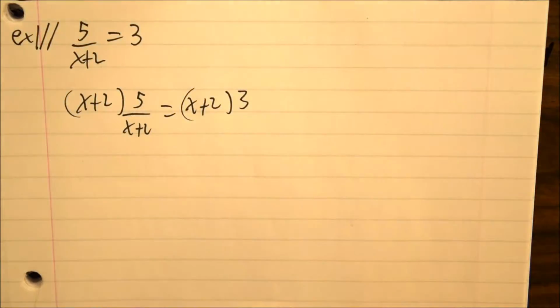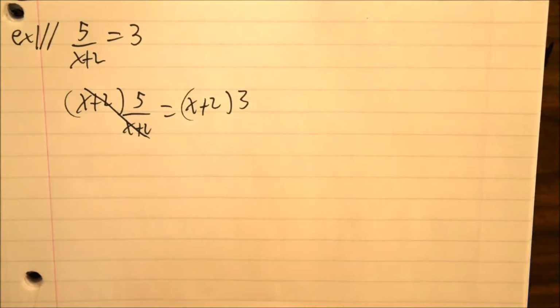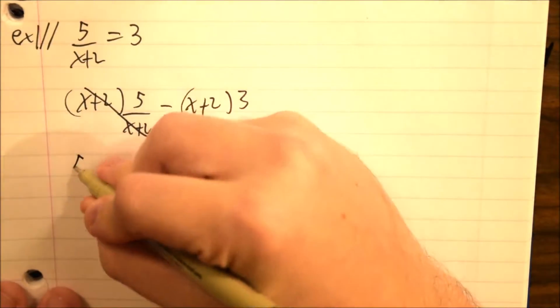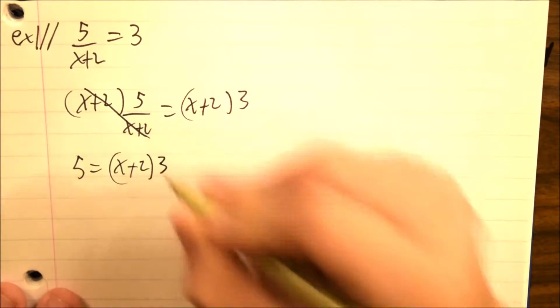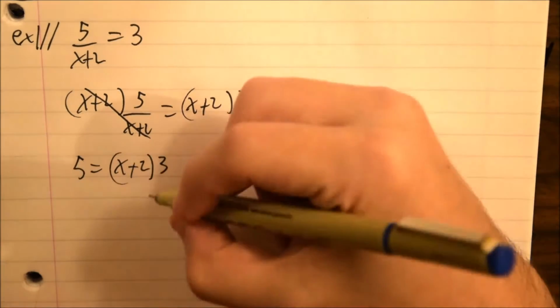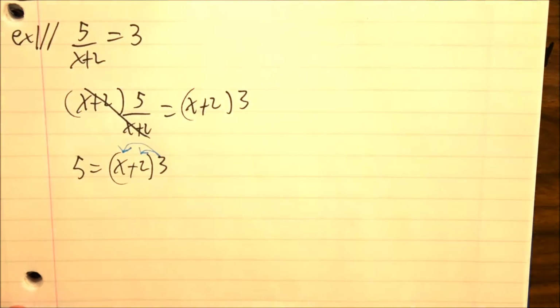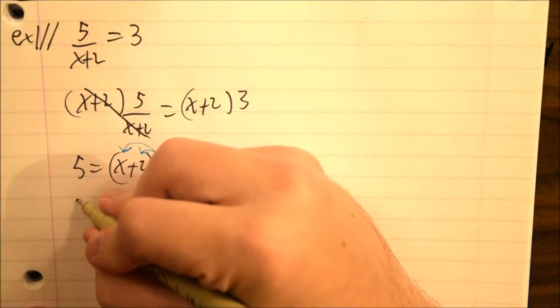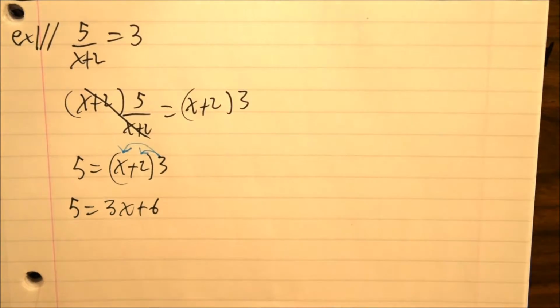Now the reason I do that is because now these cancel out with each other and I'm left with 5 equals x plus 2 times 3. Now, just like regular distribution, I'm going to distribute this 3 inside of here, and I'm going to get 5 equals 3x plus 6.